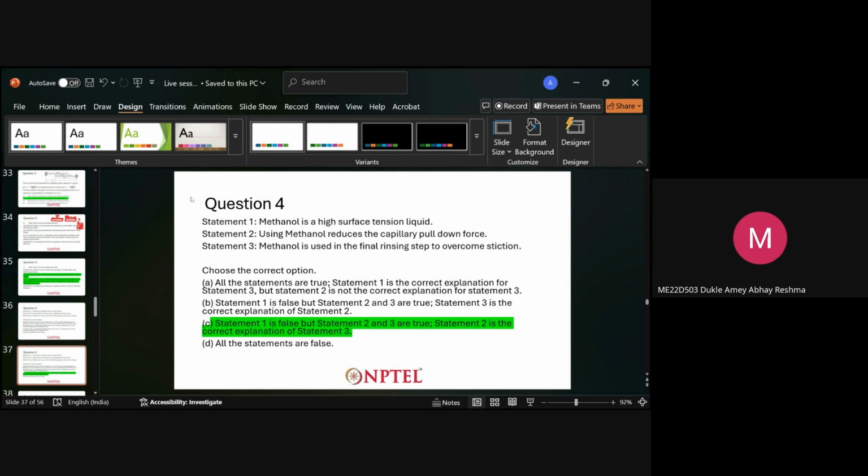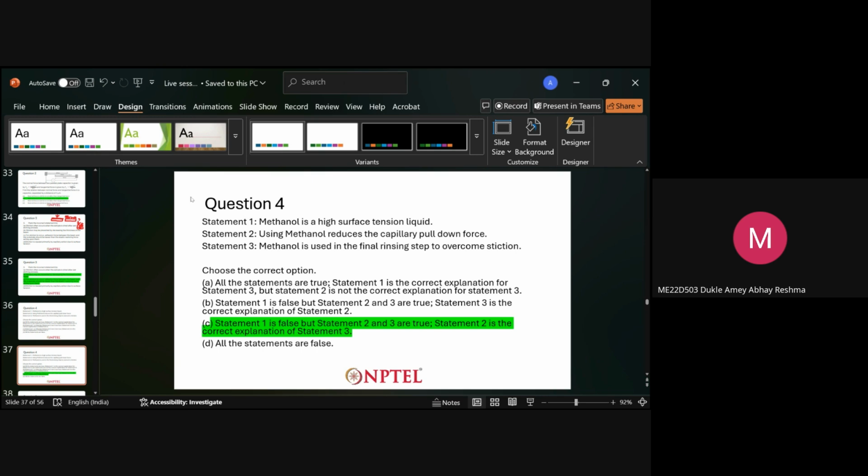So basically, methanol is a low surface tension liquid. If the surface tension is quite high, it will be very difficult to rinse off. We all know methanol is very commonly used in cleaning applications.